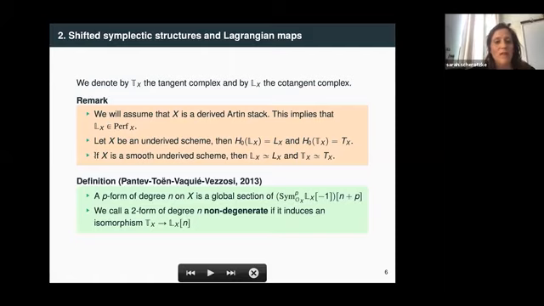We know that if X is a smooth underived scheme, then its cotangent complex is equivalent to its cotangent sheaf, and its tangent complex is isomorphic to its tangent sheaf. And that means that the condition of being zero-shifted symplectic is exactly the same as being classically symplectic, and the same for Lagrangian.